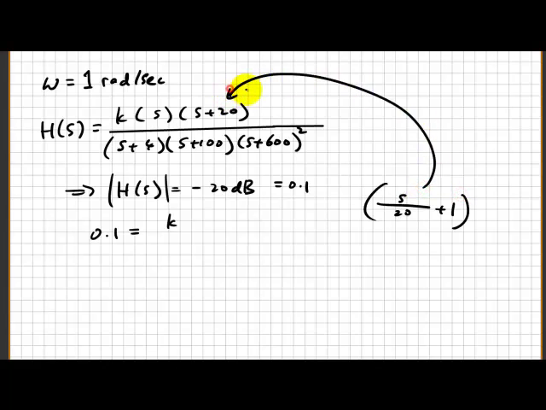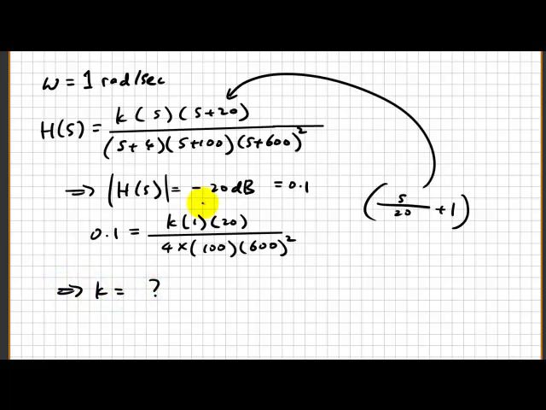So the K will be, when you extract that constant out, multiplied by 1, and then here you have 20 divided by the denominator value, 4 times 100, and then multiplied by 600 squared. Eventually, when you have this number in place, what you need to do is evaluate the K here. So the K will be something that you have to find out later.